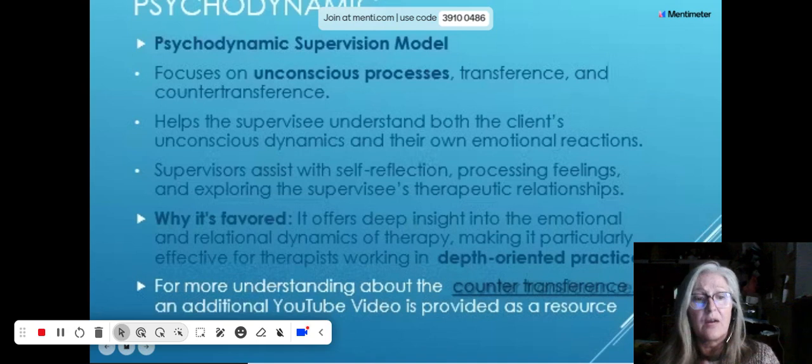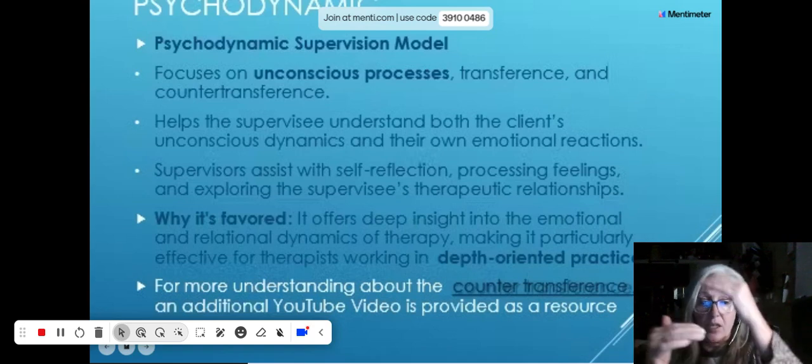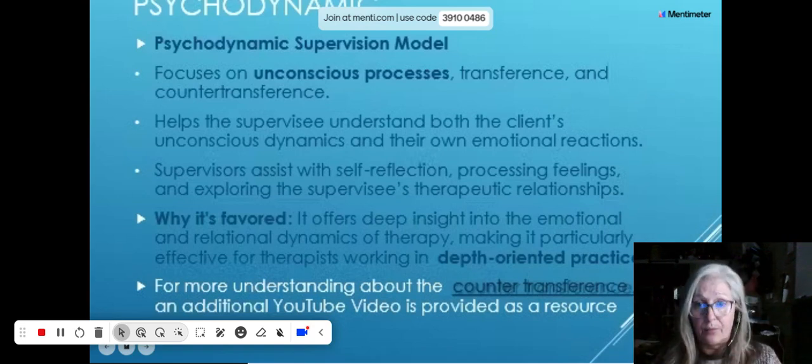What does that look like? What does that feel like? In this modality we're always looking for transference and countertransference, unprocessed, unconscious things. And then there's a third level, which is the relationship between the supervisor and the supervisee. So it's constantly looking at all these relationships and how they are reflected upon each other.